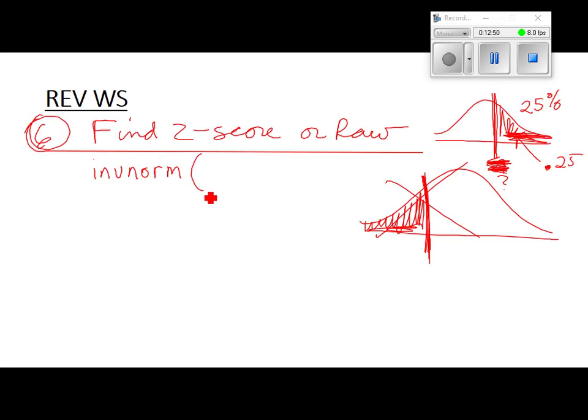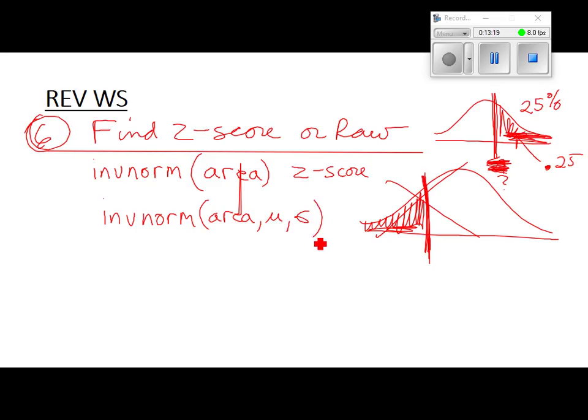When you use inverse norm, does anybody remember what you punch in? Just the area. Use the area if you're dealing with z-scores. You use the area to find the z-score. That's all you punch in. Inverse norm, we can also punch in, I believe, area, mu, and standard deviation, if we're looking for the raw score.